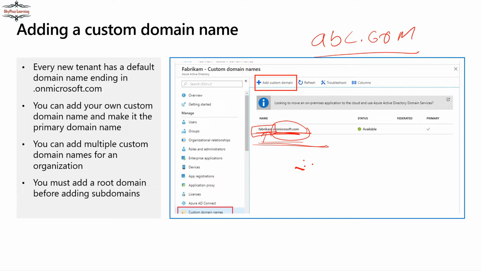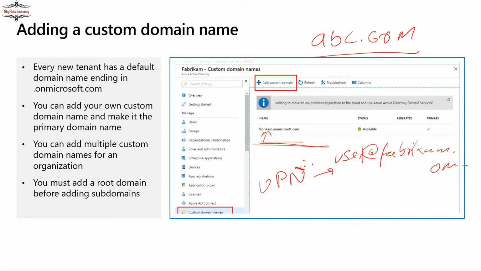By default, if I take it as an example, it's fabricum.onmicrosoft.com, so user1@fabricum.onmicrosoft.com will be the UPN, user principal name, for the user account. I want to use the username user1@abc.com. This is my organization, so I want to utilize that name.